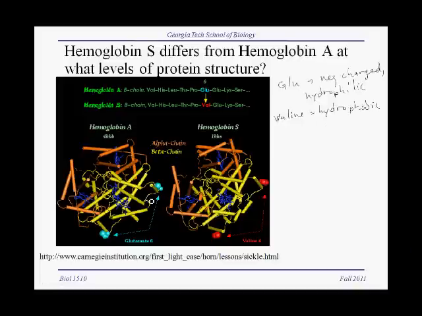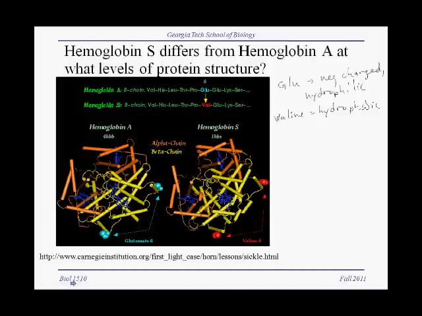So look at where glutamic acid is in normal hemoglobin. It's way out here on the surface of the protein where it can interact with water molecules. Now that's not a good place for valine. Valine does not want to be out on the surface of the molecule. It does not like to interact with water molecules.